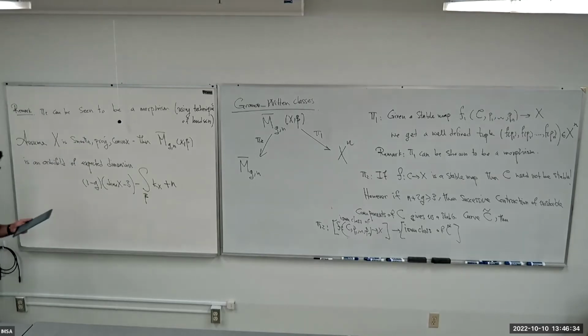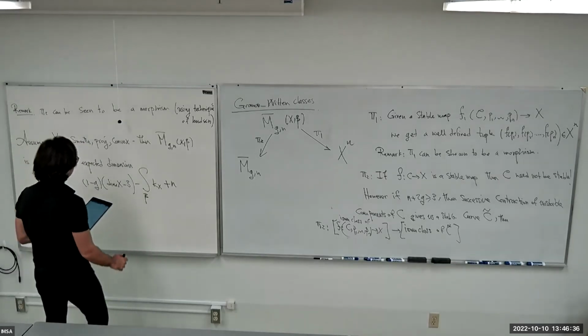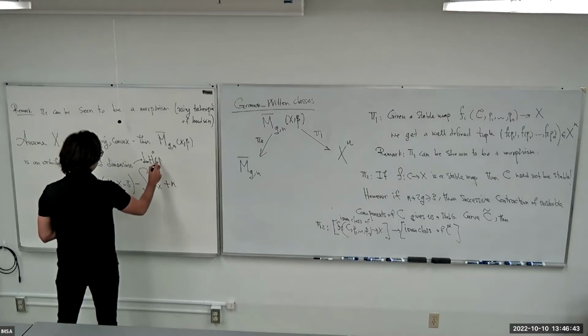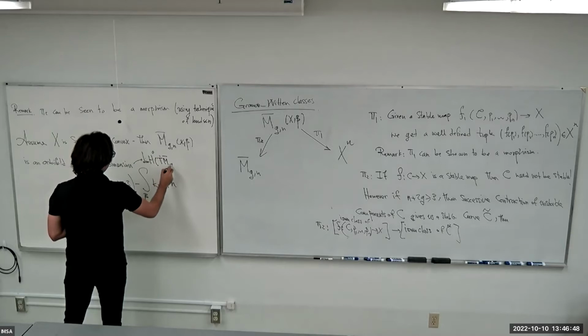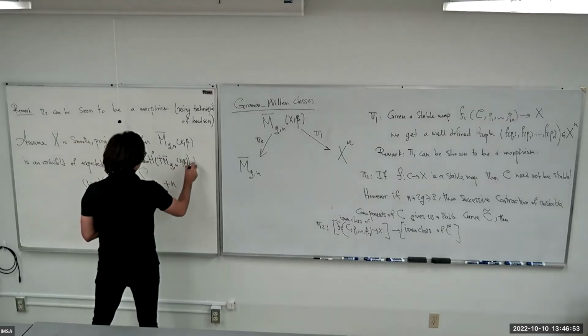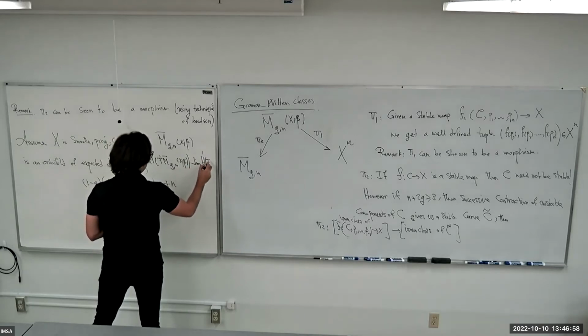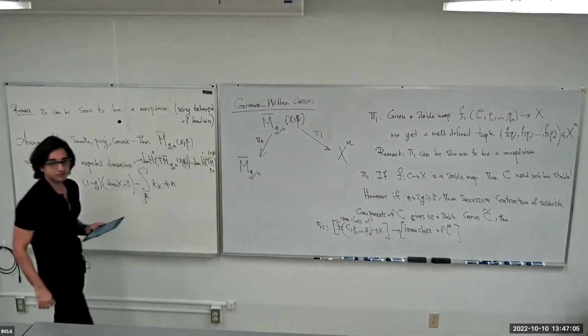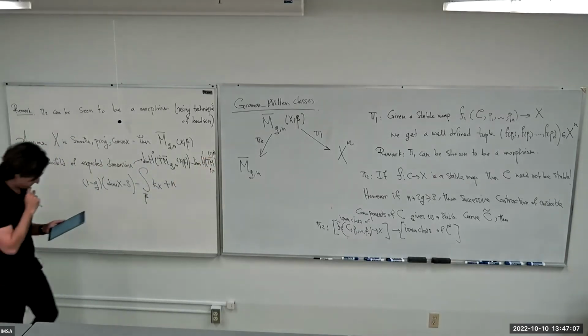And what is this thing, by the way? This expected dimension really is the dimension of H0 of the tangent sheaf of M bar g,n(X, beta) minus the dimension of H1 of the tangent sheaf. Dimension of H0 of it minus H1 of it.